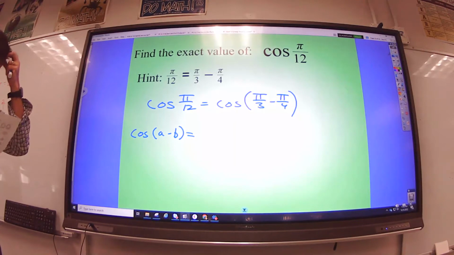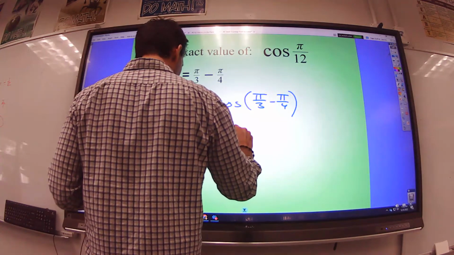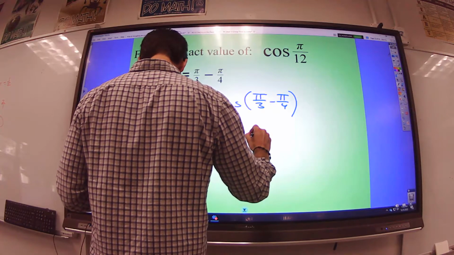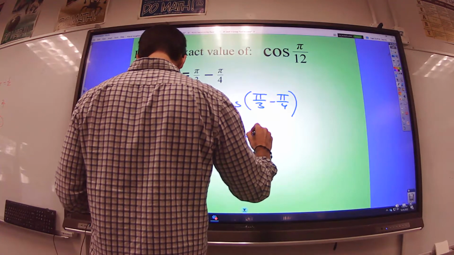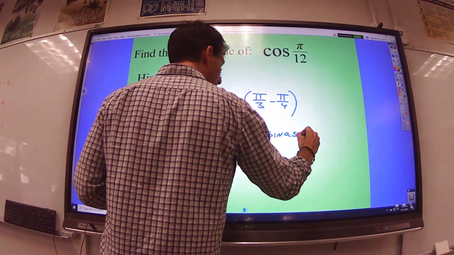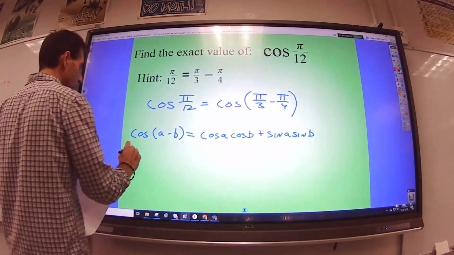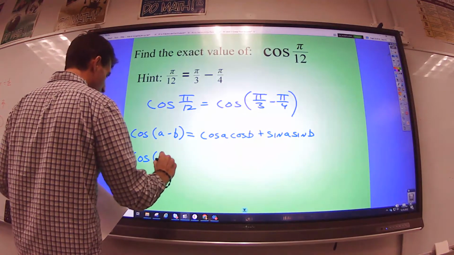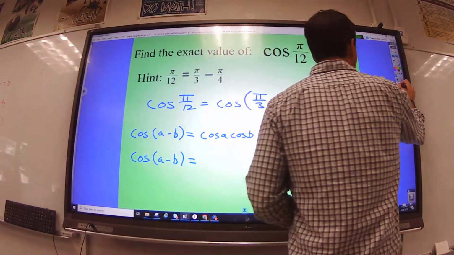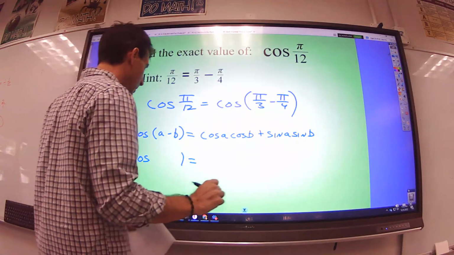Cosine of A minus B is the same as cosine of A times cosine of B plus sine of A times sine of B. But you guys see where I got the sum and difference formula?